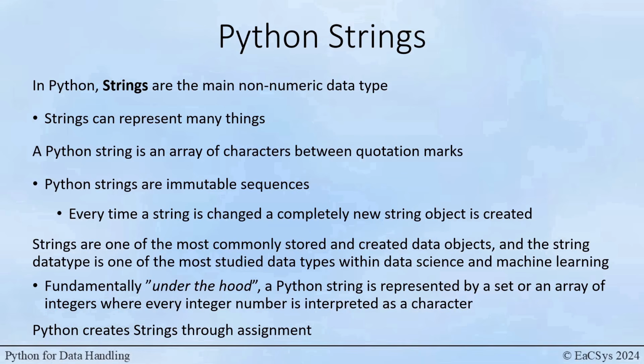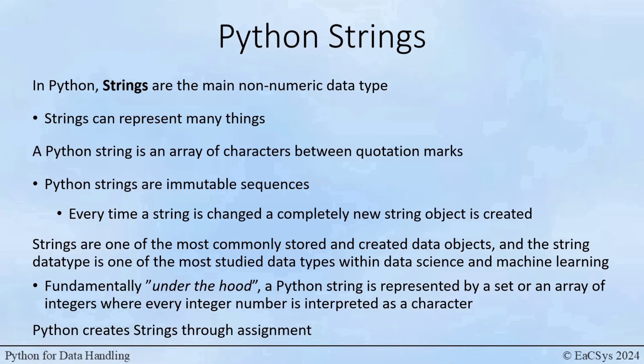Technically, under the hood, Python creates strings as a set or array of integer numbers representing characters. Exactly how Python string operations are technically implemented under the hood is a non-guaranteed property of Python. The string operations are guaranteed, but not exactly how they are executed under the hood, or which lower-level programming language is used by Python to create Python strings.